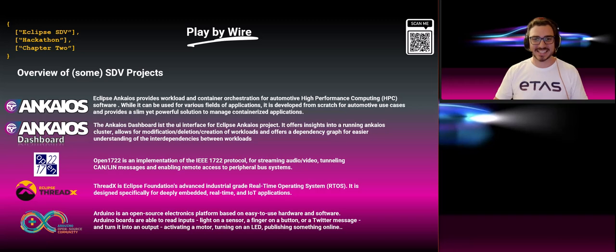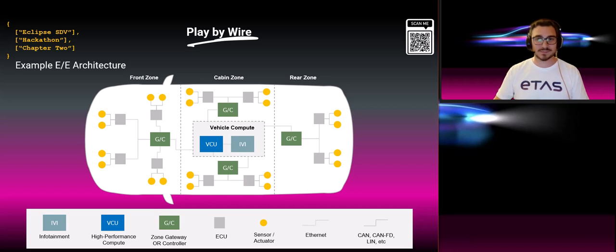Next, how is the example done? First of all, some small theory about vehicle EE architecture. You have here a front zone, a cabin zone, and a rear zone. We define these as zones in vehicles. The small blue bubbles are sensors and actuators.